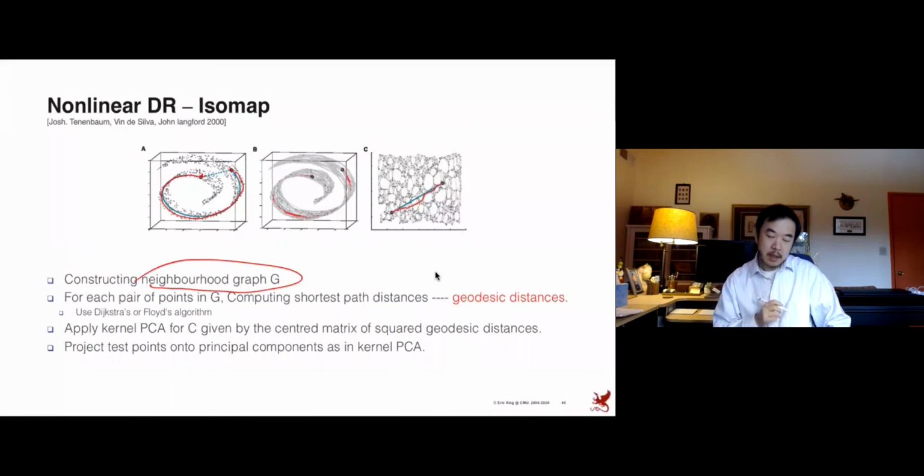And then you can do a shortest path kind of operation on this graph to compute what is known as the geodistance, the number of steps you need to walk to the other data points. Okay, so this is not a Euclidean distance, but an operational distance of path length on a distance graph. Okay, and then you can basically put this number into the C matrix and get another type of decomposition. Right?